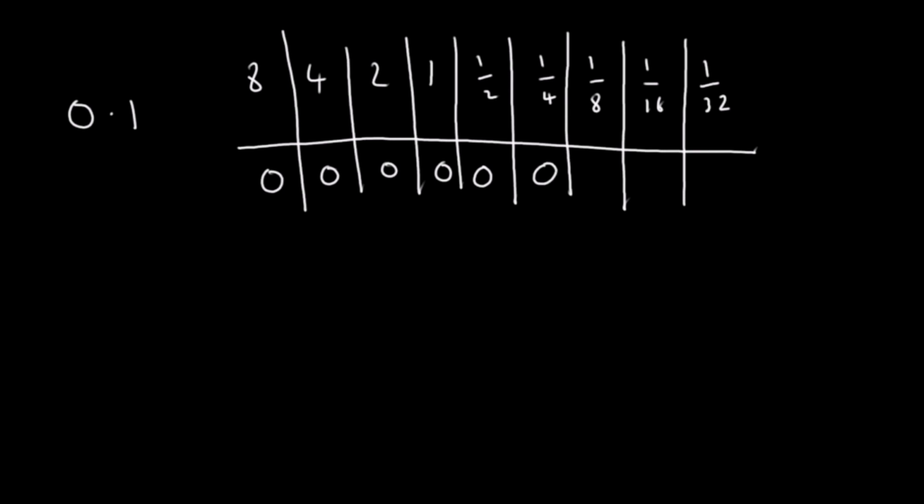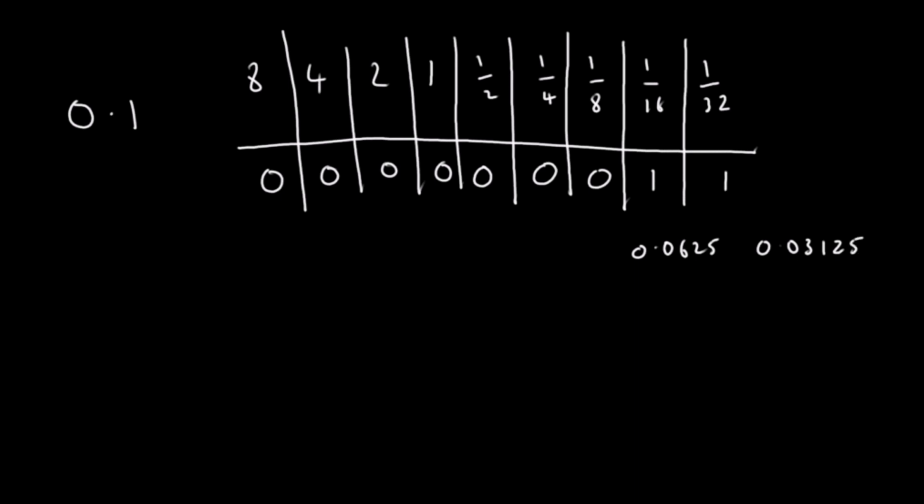An eighth is 0.125, again, that's too big. A 16th is actually, and I'll just write this down, 0.0625. And so that's going to be okay for us, 1. And 1 over 32 is 0.03125. So that's also going to be 1.